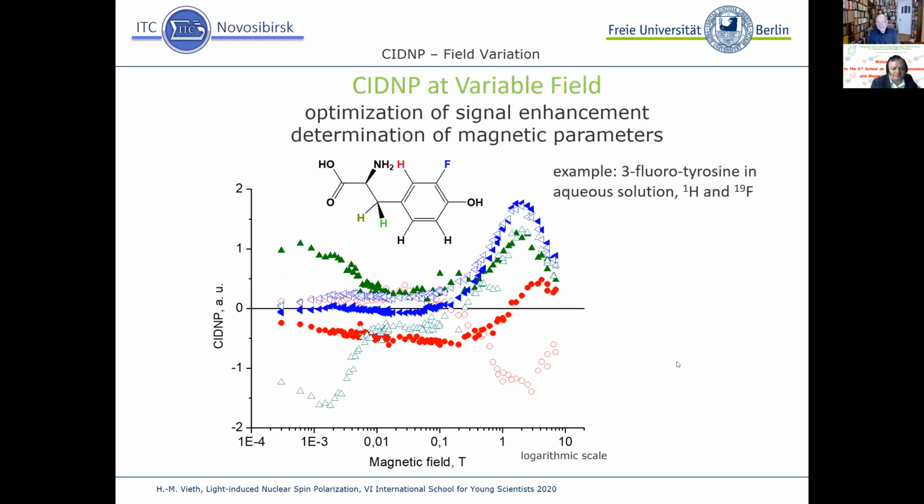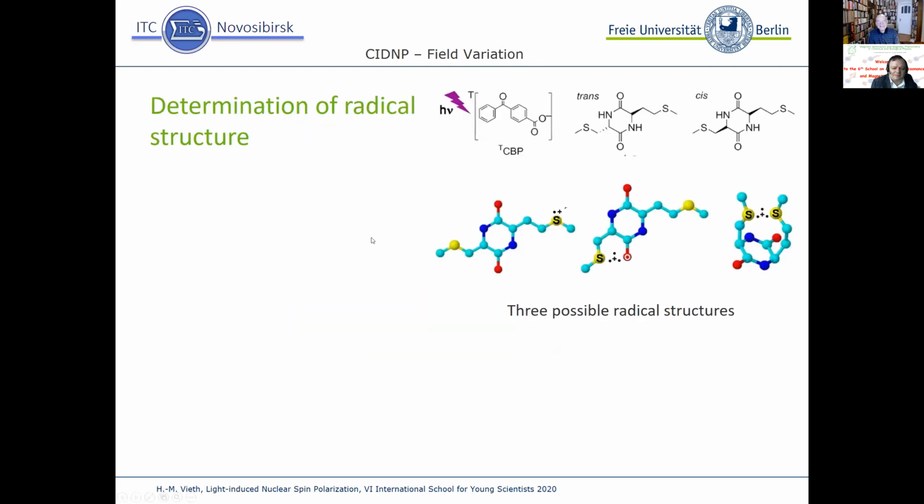So from the analysis of the field range, you can get information on radical structures, for example. What I showed is that the level crossing at high field is given by the difference in G factors of different radicals that are formed.